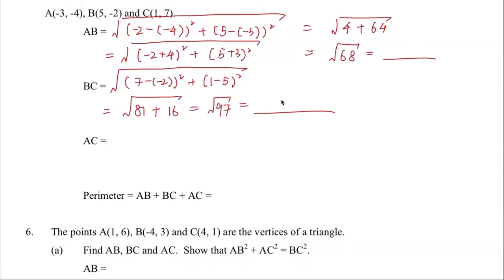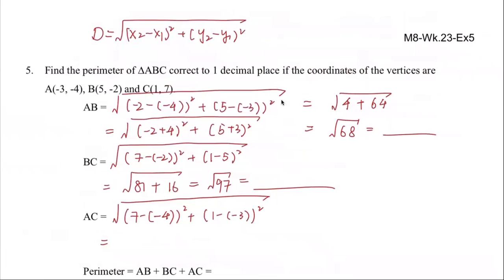Okay, and AC is equal to the square root of 7 minus 4 squared plus 1 minus 3 squared. So for all these three sides of the triangle, we use the distance formula to find the distance between the points, right?